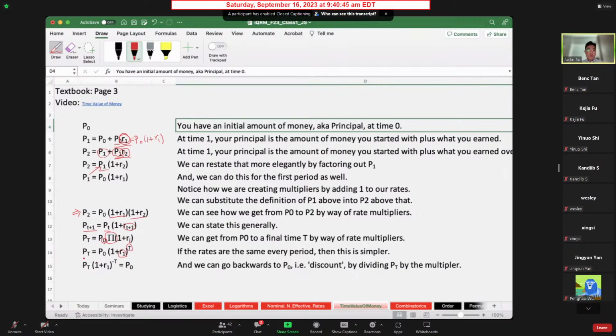So now you see the amount in the future at time t, assuming there's compounding and the interest rate has been the same for every period, is the initial investment amount multiplied by this factor, this compounding factor, this whole thing, right?